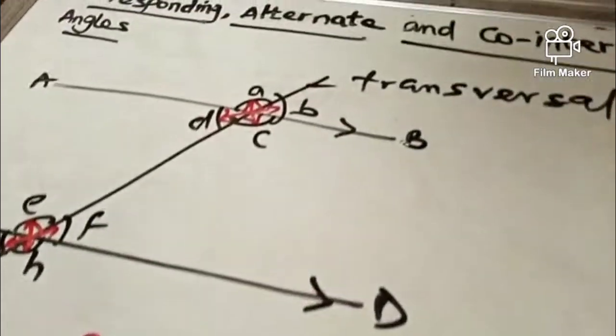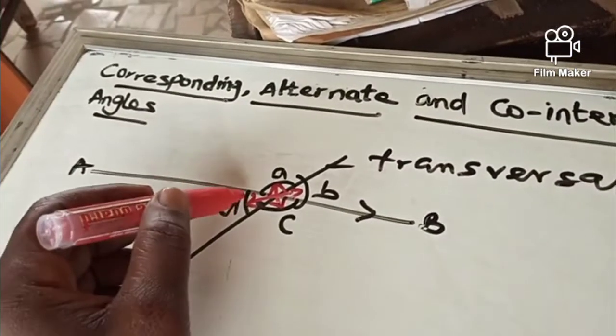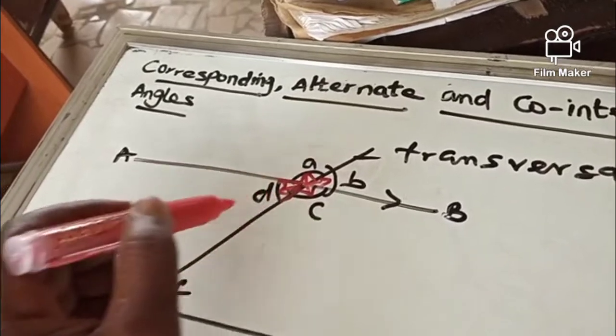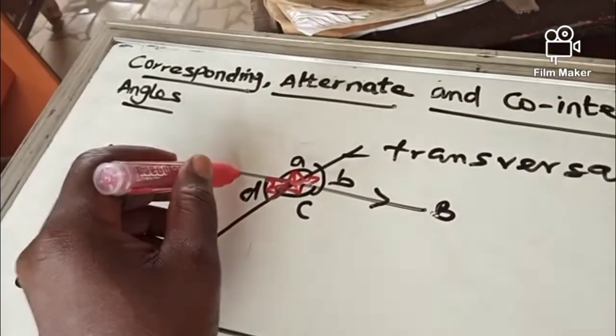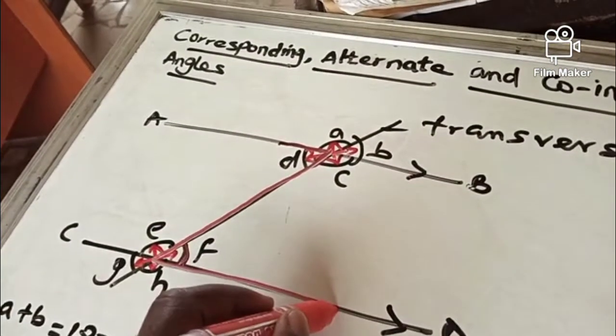Now, if you look at this angle D here, it forms a Z with which angle? F. Look at it. This is the Z. Can you see the Z?